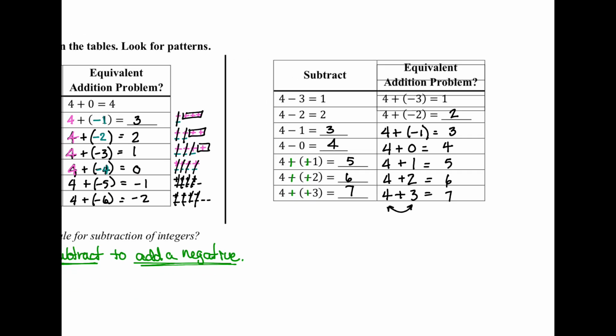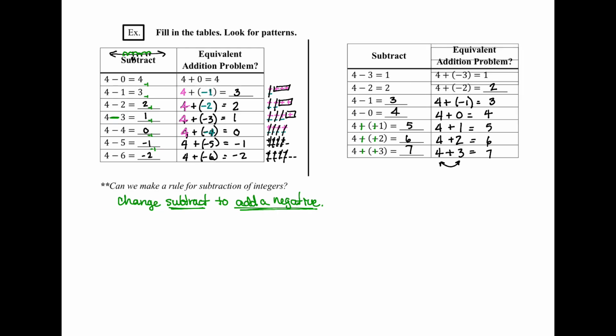All right, so instead of saying change subtract to add a negative, I'm going to say add the opposite, because that makes sense no matter which number you have. Okay? And this next section that we're going to go over shows that exactly, but let me do a couple right here while we're thinking about it.